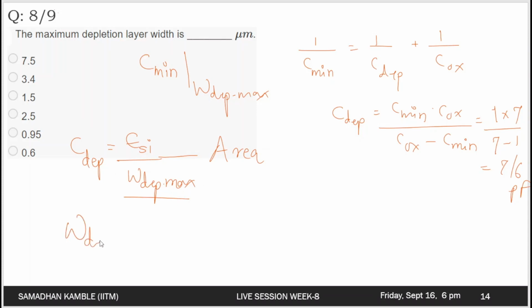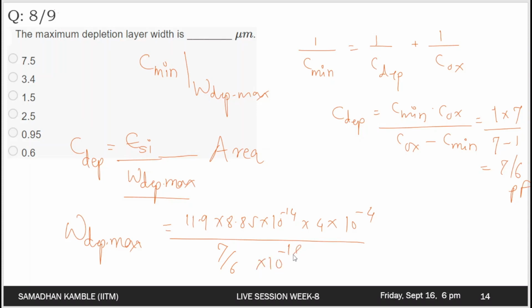So if you solve it for the maximum depletion width, you will get epsilon silicon, which is 11.9 times 8.85 times 10 to the power minus 14 times the area, which is 4 times 10 to the power minus 4 centimeter squared, divided by the C dep value, which is nothing but 7 by 6 picofarad, that is 10 to the power minus 12 farad.